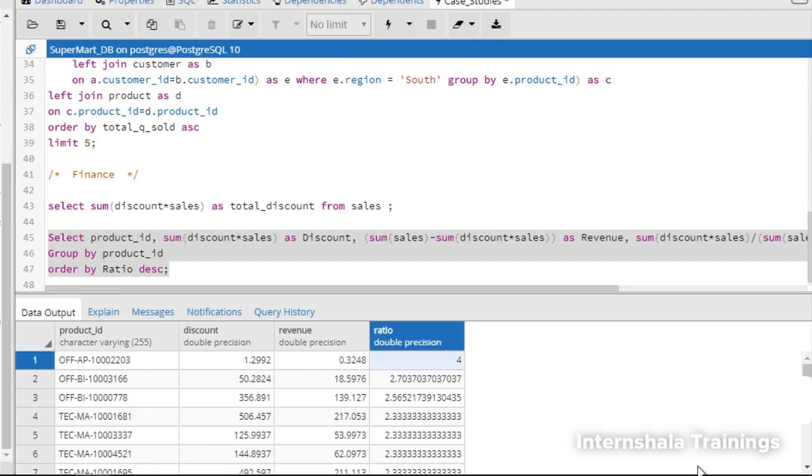Similar is the situation with the next few products where we have given more discount than the revenue that particular product was generating. The finance manager needs to study these products and decide either to raise the price of these products or to discontinue the coupon or to discontinue the sale of this product altogether.